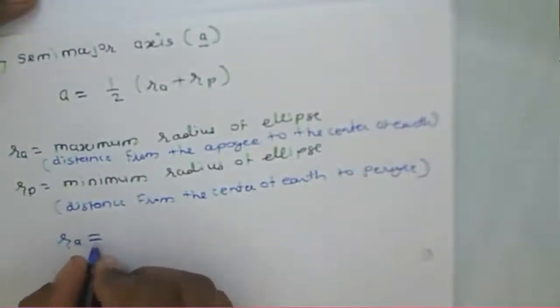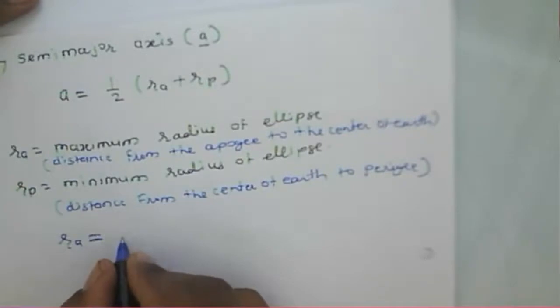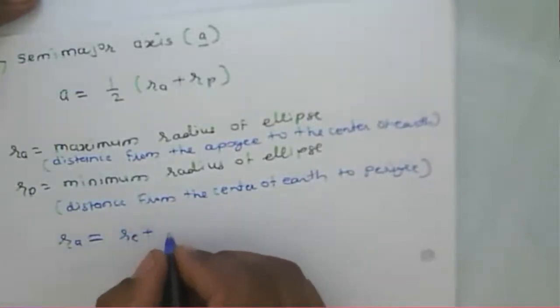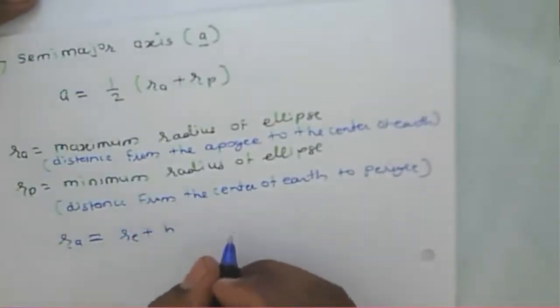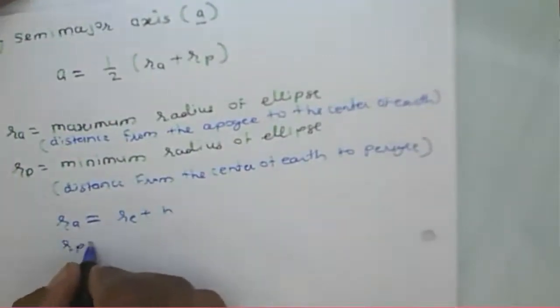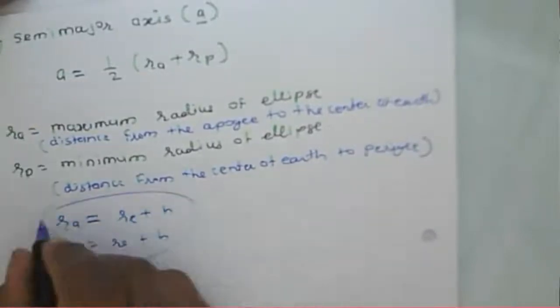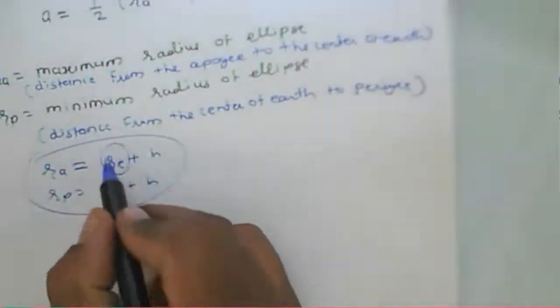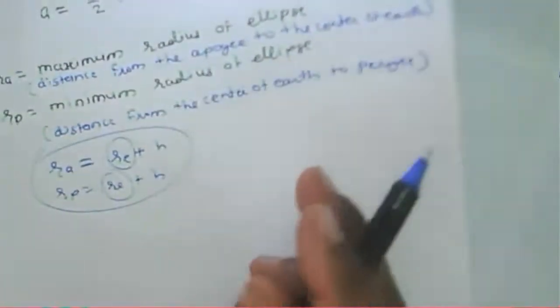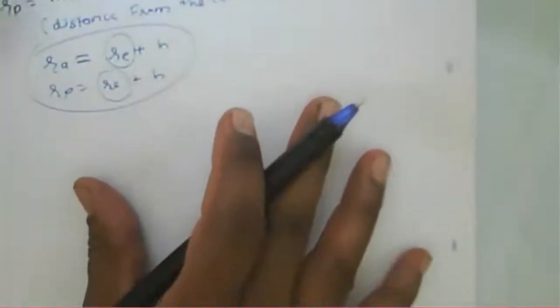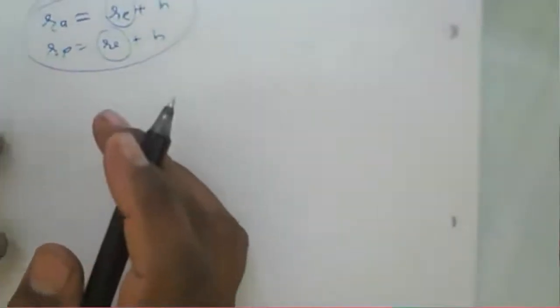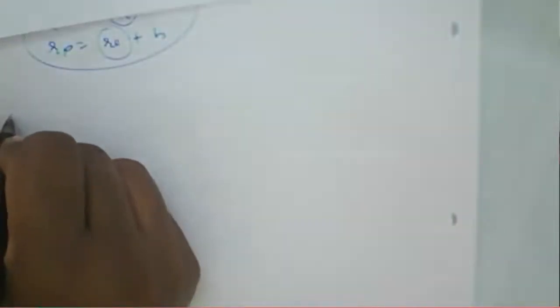Now this is the distance from the center of the earth to the apogee point, so we can rewrite it as the radius of the earth plus the altitude of this apogee point, or the radius plus the altitude of this perigee point. So we should know the radius of the earth, because we measure from the center of the earth.